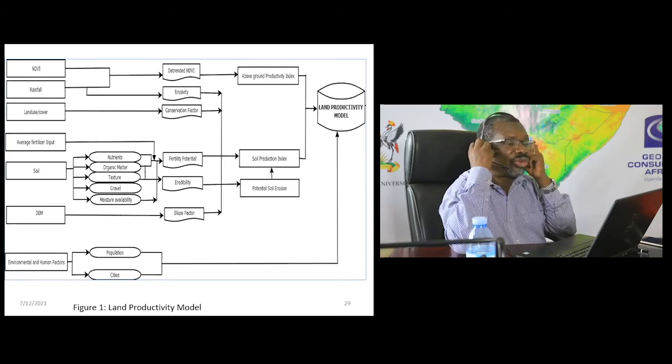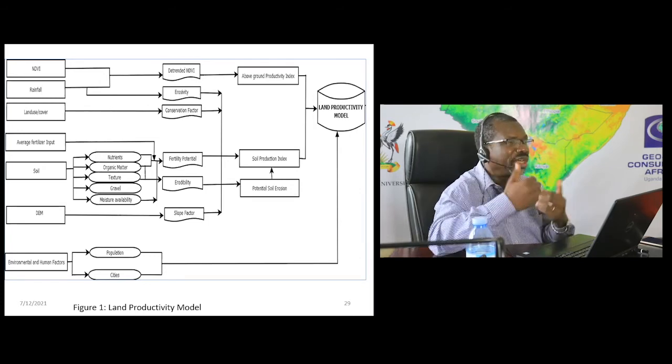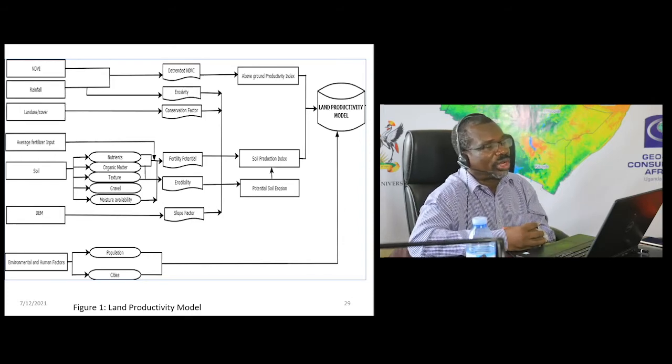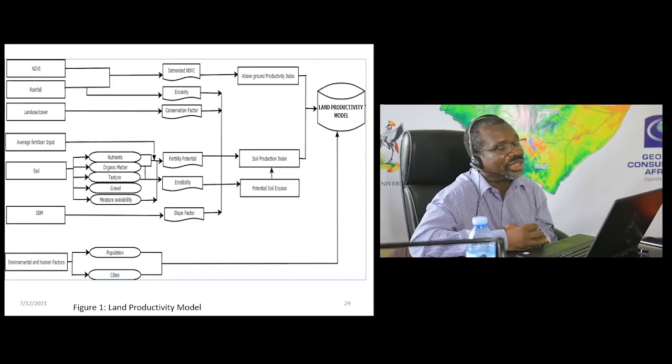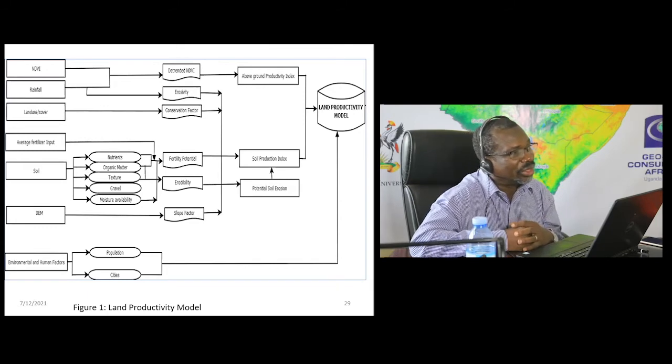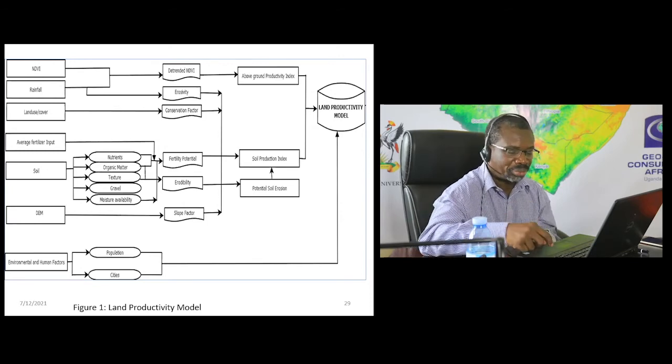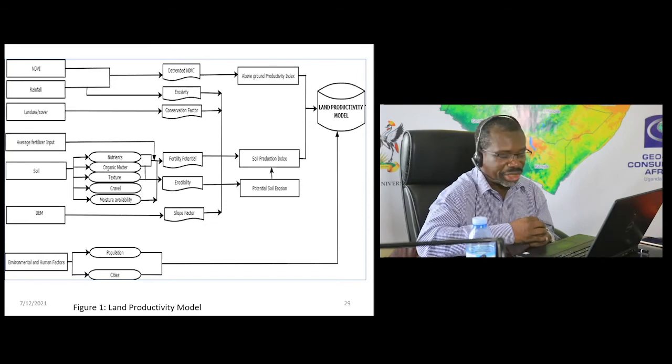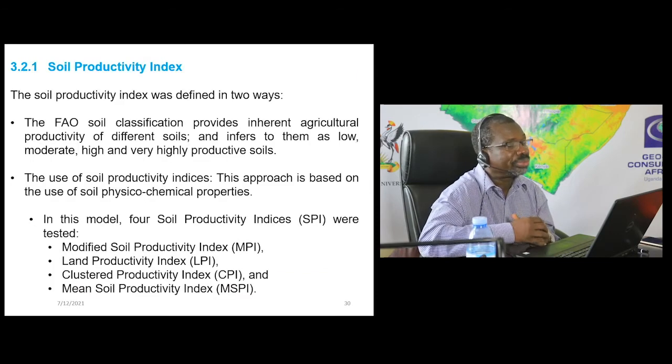So that information was supposed to be linked to the land productivity model, basically after the two major indices were fused to give an average indication of what could be the productivity. But I'll come back to this as we move.